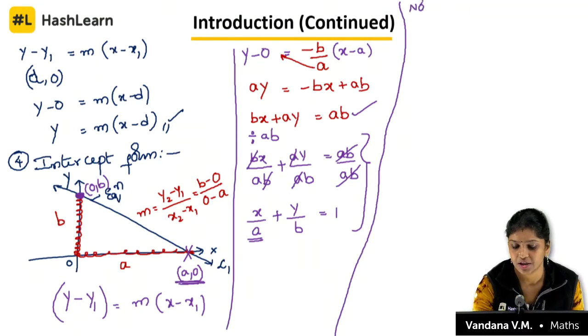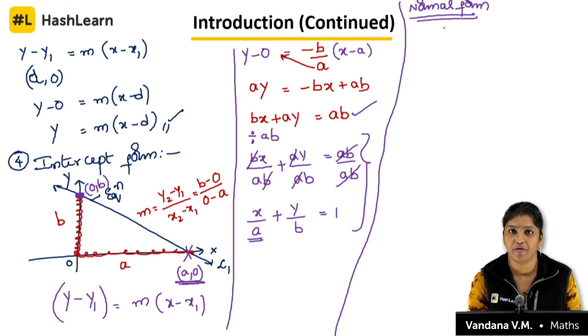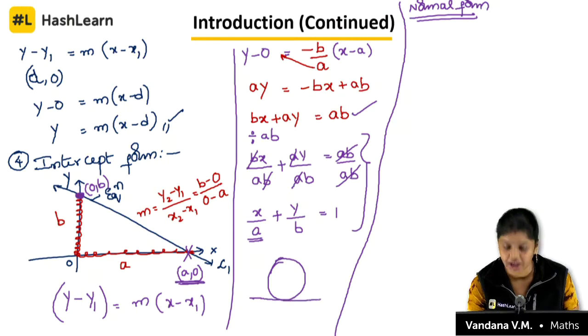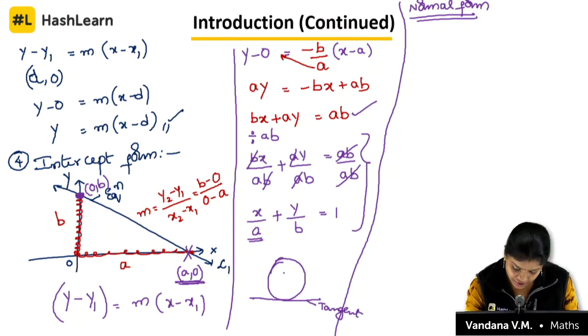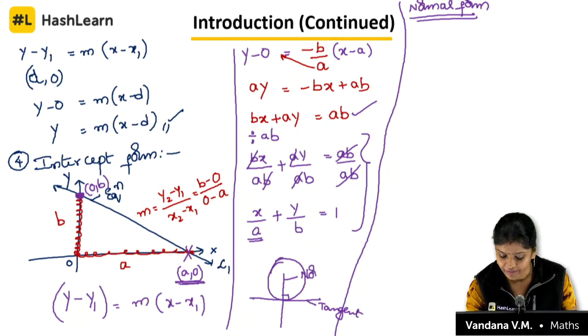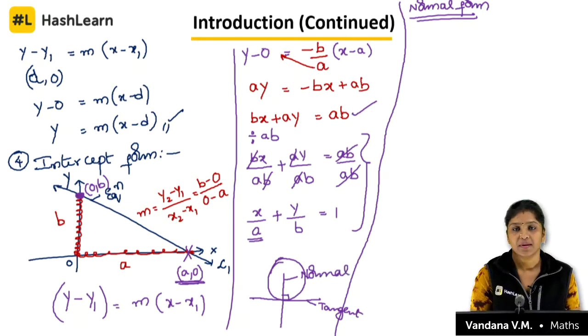Next one is normal form. Why do we call this normal form? So many times we told you, if it is a circle, the line which touches it only at one place is called a tangent. The line perpendicular to the tangent is called the normal. Understood?